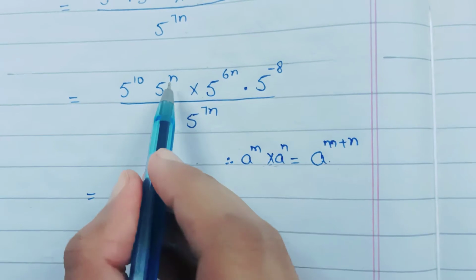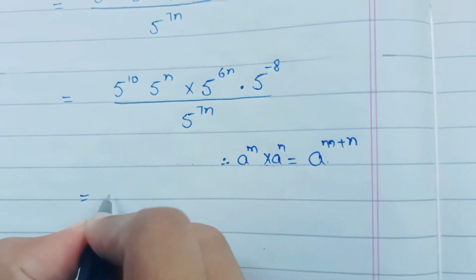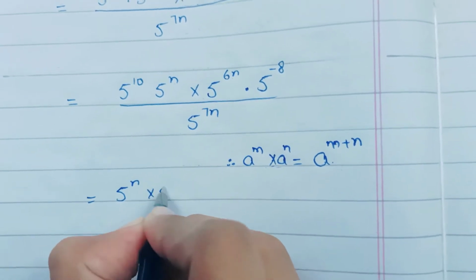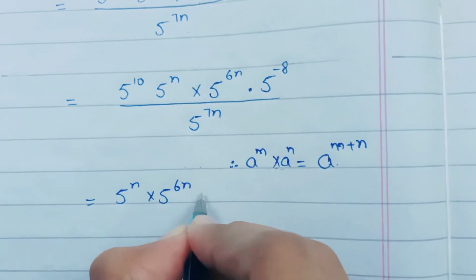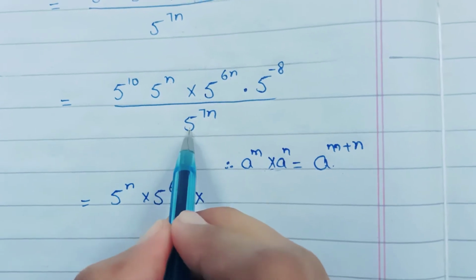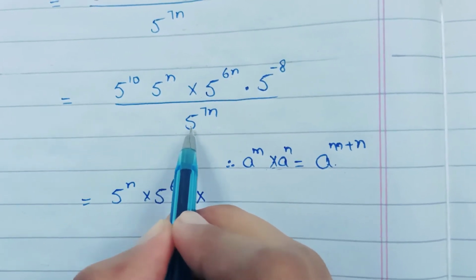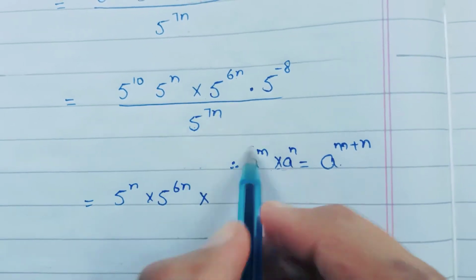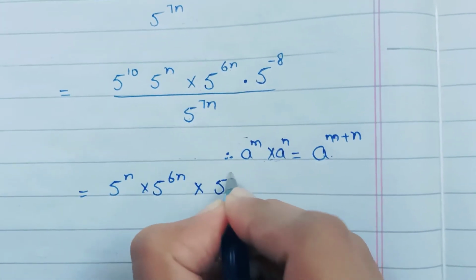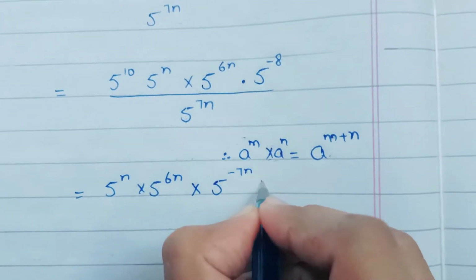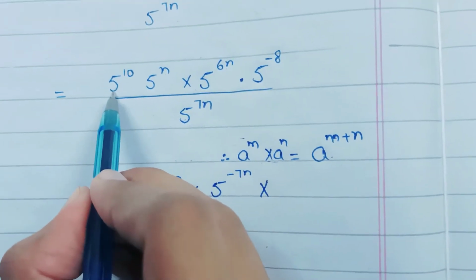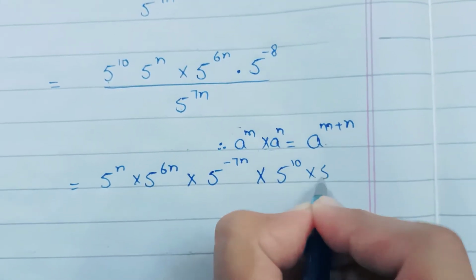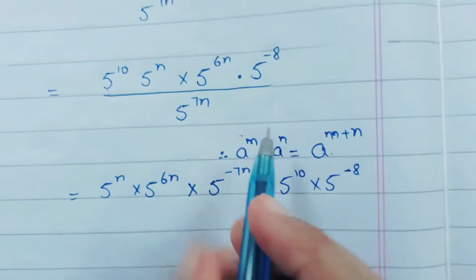Now I will combine all the terms having power n. 5 raised to power n, multiplied by 5 raised to power 6n, and multiply by its denominator. When I will write it in numerator, then its exponent's sign will change and it will become 5 raised to power minus 7n. Now multiply 5 raised to power 10 multiplied by 5 raised to power minus 8.